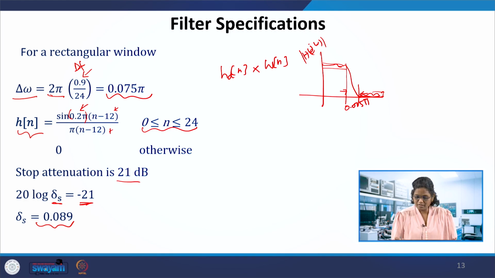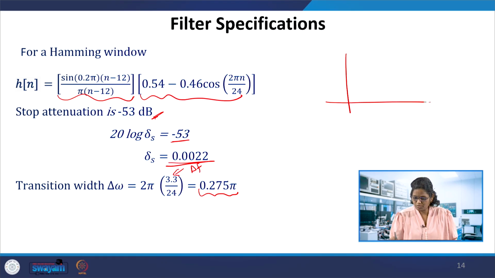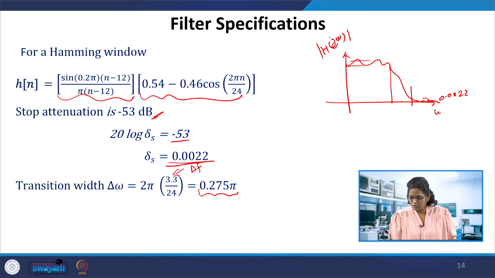So the ripples are good, reduced now to 0.00222, the ripple here is less in h of e power j omega, but the transition width has become wider now. It is 0.275 pi.